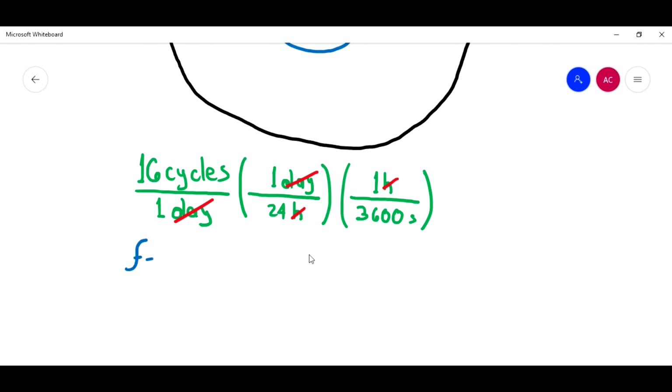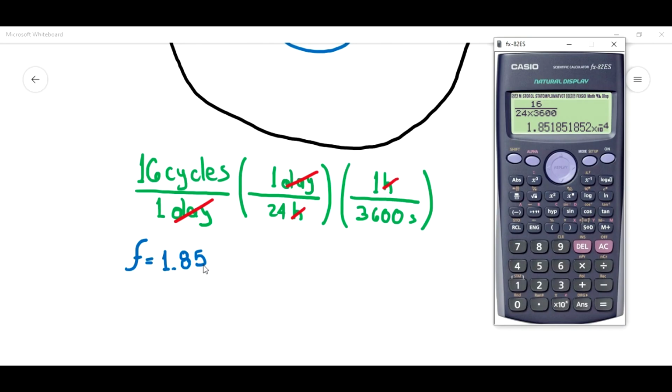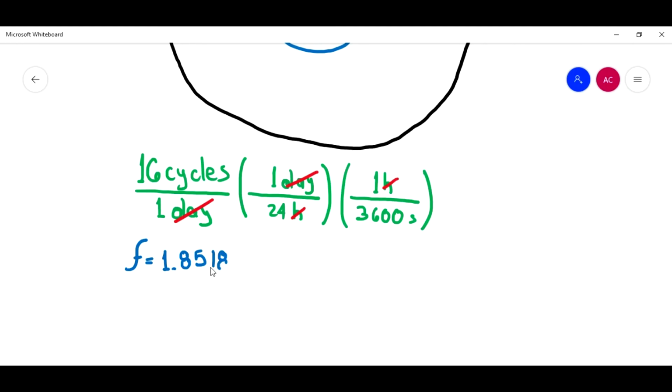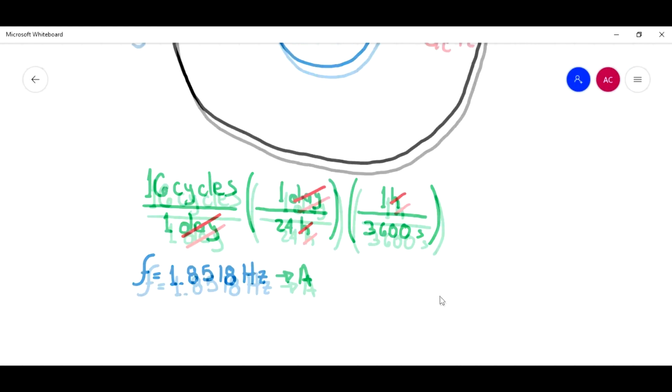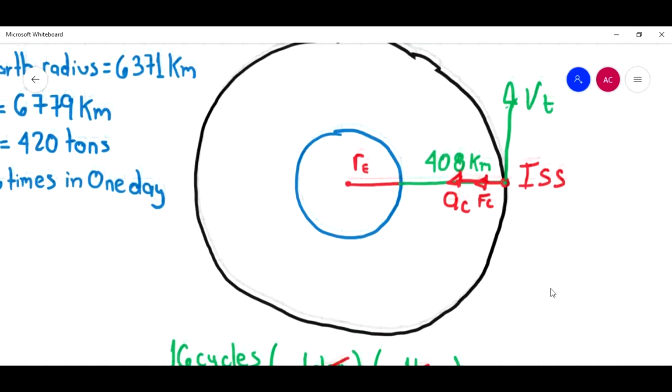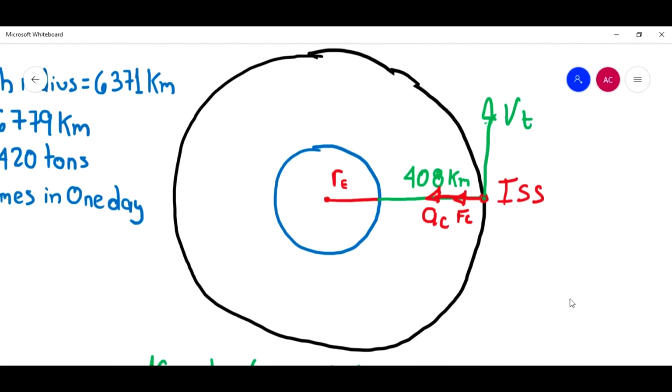Frequency equals 1.85185 cycles per second. That will be hertz. And I'm going to save this value in my memory A because I'm going to need it. Shift STO A.